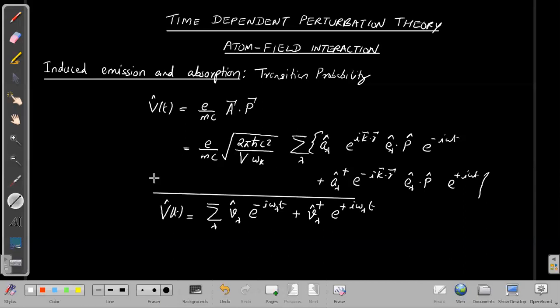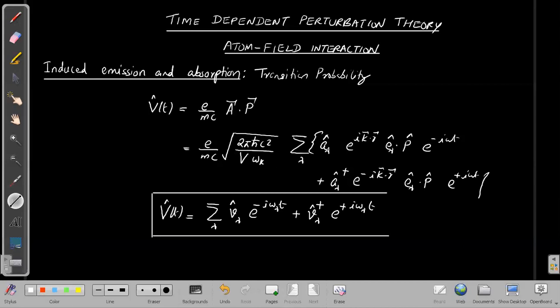We discussed this in detail in the last lecture, so this thing we have to remember. Now the next thing is we already discussed the transition rate for the harmonic perturbation.